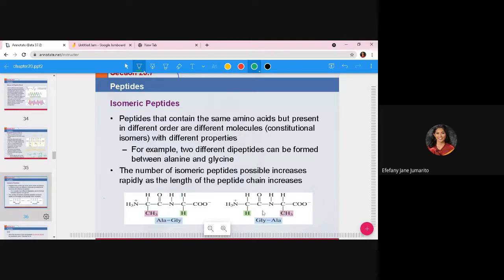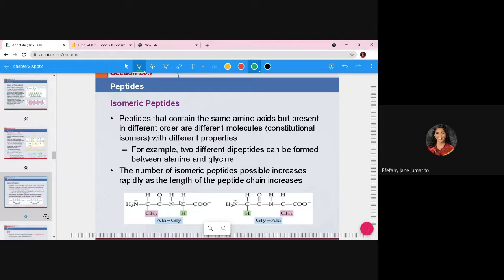That's why they are called isomers: same number of atoms, however different structure. If they have different structures, it means they have different responses and functions in our body also.